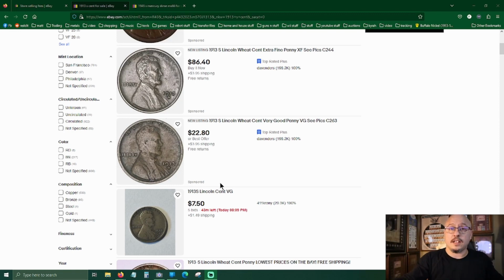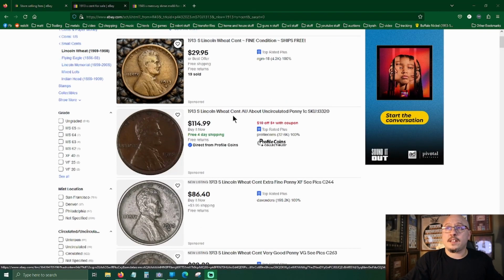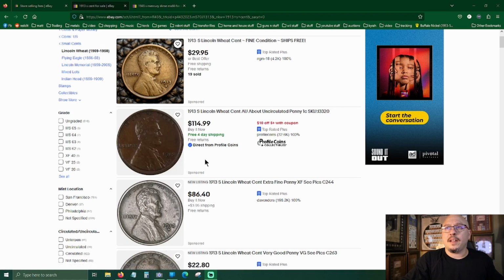They will look at this list and say, okay, a 1913 S wheat cent, and this one they're saying is maybe AU, definitely brown, is going for 115 bucks. So mine obviously is a little lower than that, so I should be able to get 75 bucks for it.